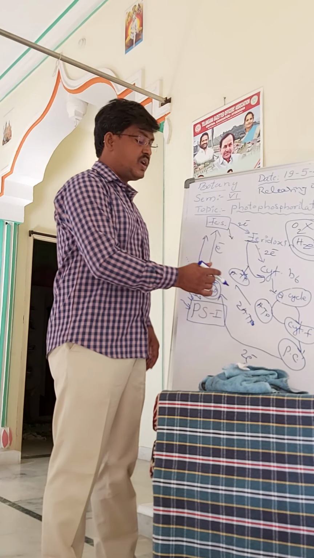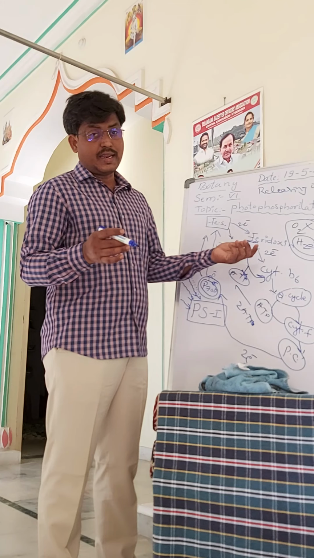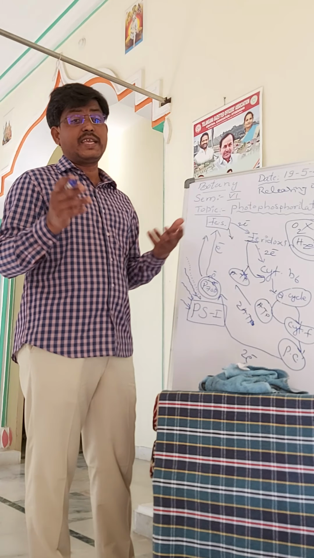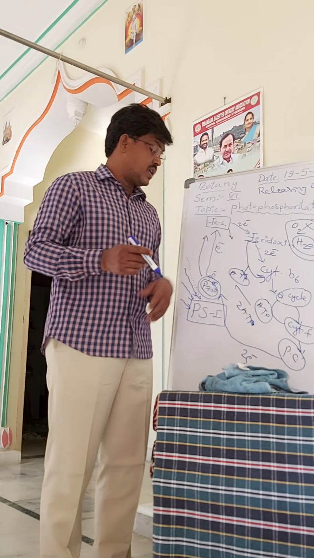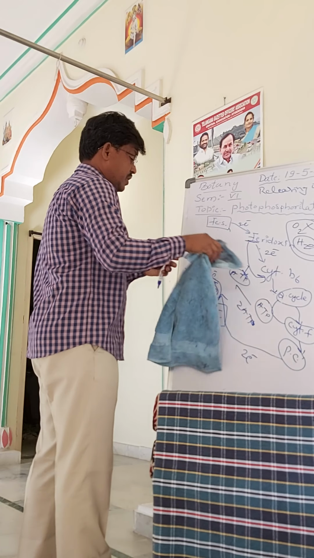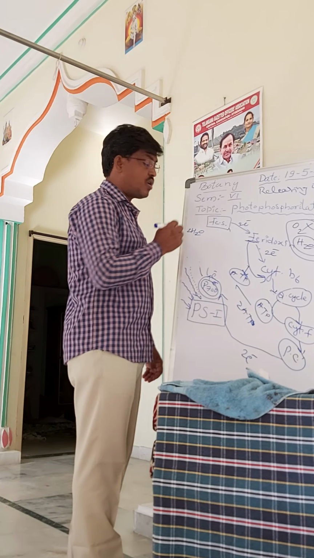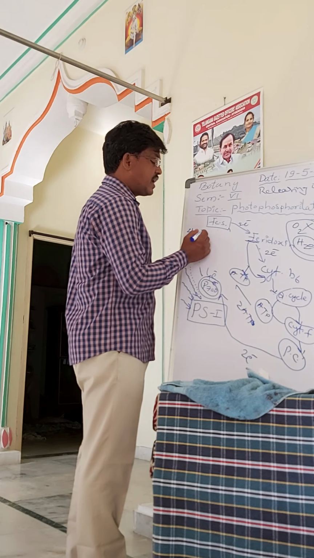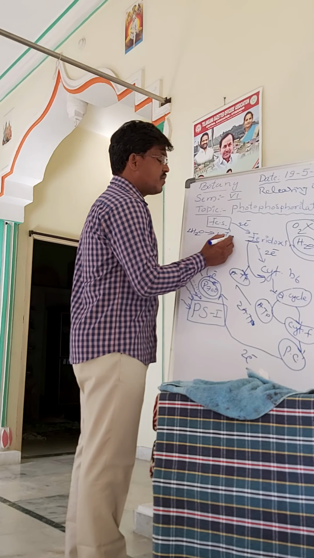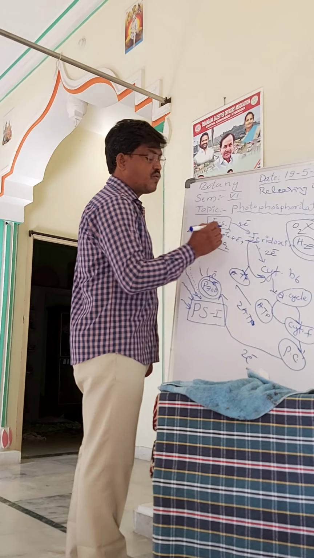In this procedure two ATPs are formed, but photolysis of water does not occur, and oxygen is not released. When photolysis of water takes place, for example, two molecules of H2O in the presence of sunlight are converted into 4 protons plus 4 electrons plus 1 O2.